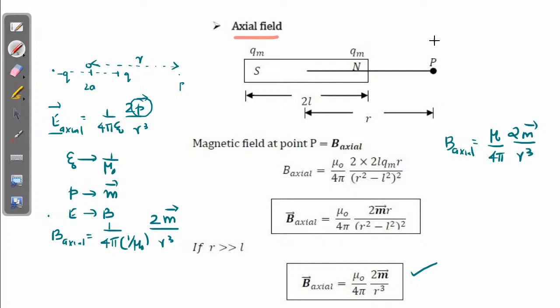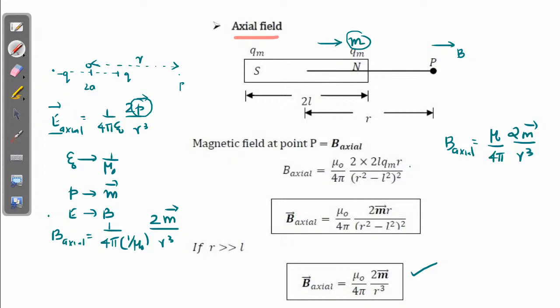And what is the direction of magnetic moment? The magnetic moment is in the direction of the magnetic length, which is from south pole to north pole. So at point P, the net field will be in this direction, and the magnetic moment will also be in this direction. So they have the same direction.